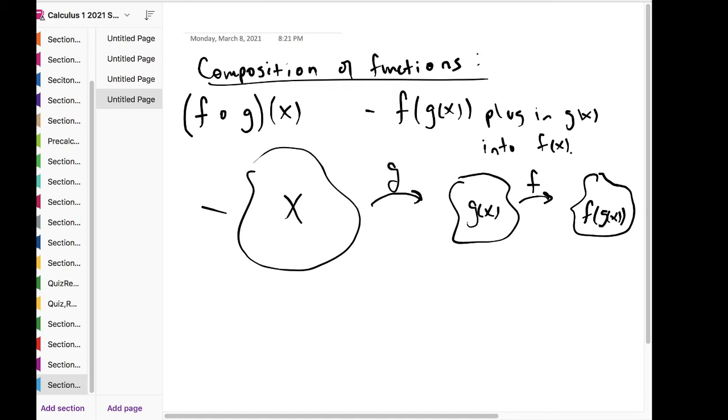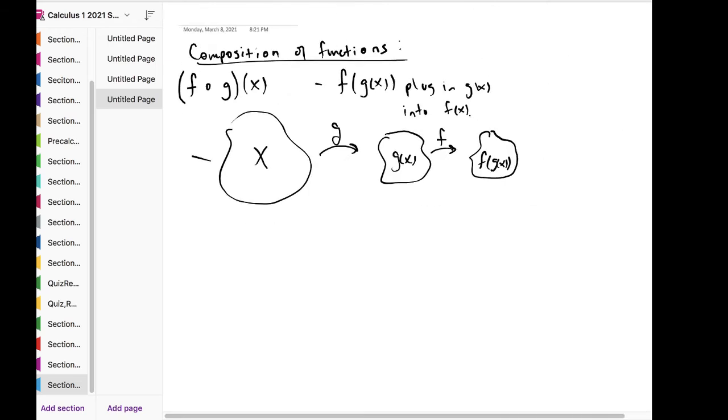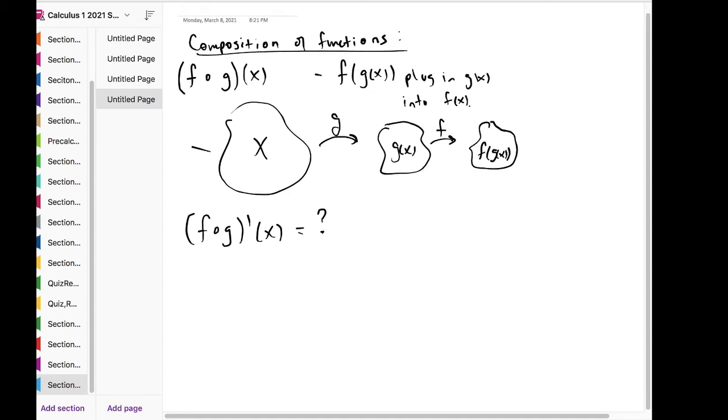Yeah, good. Okay, so the goal is, what is the derivative? As with anything, first of all, how do you calculate f of g of x?